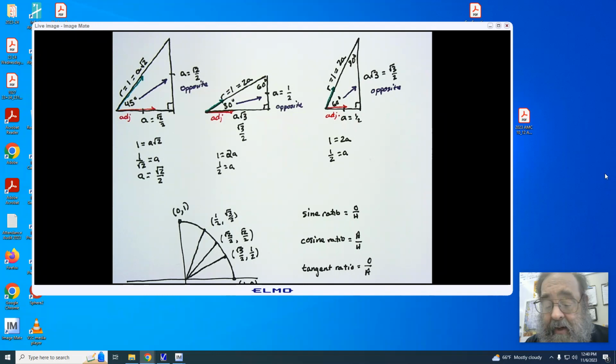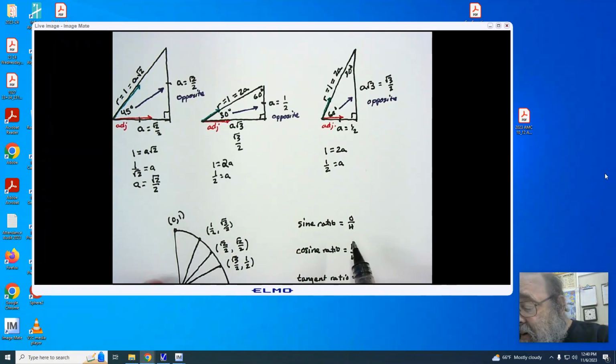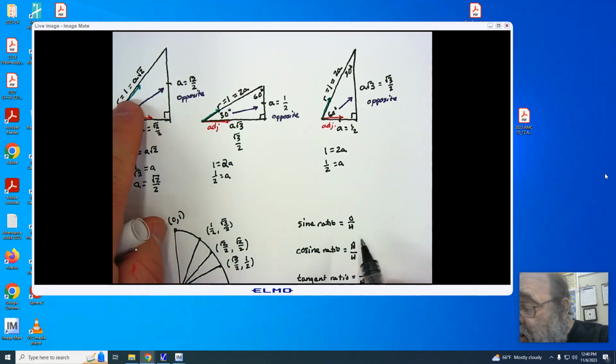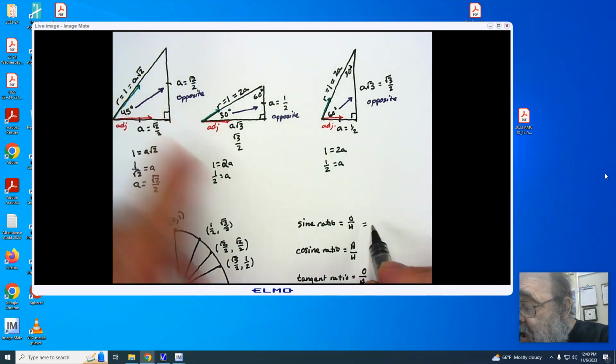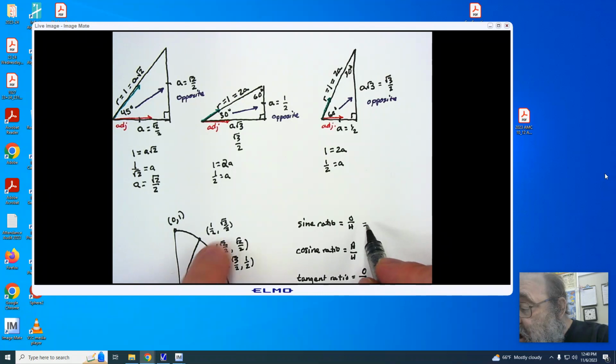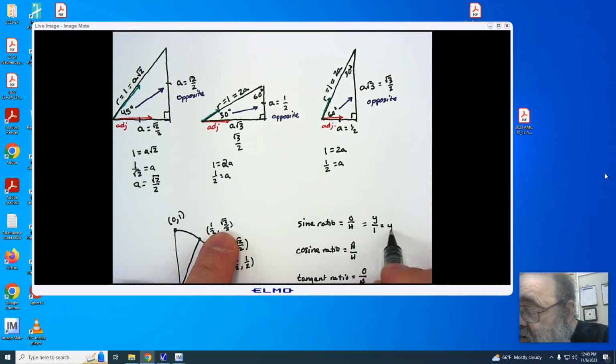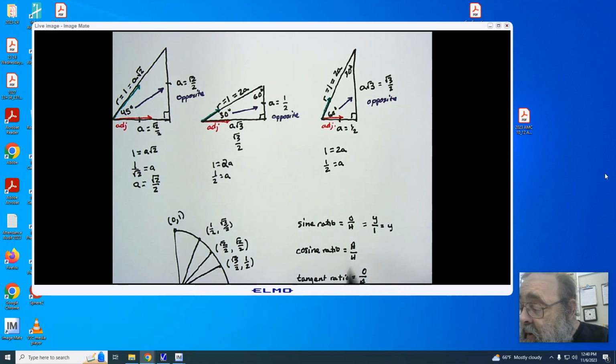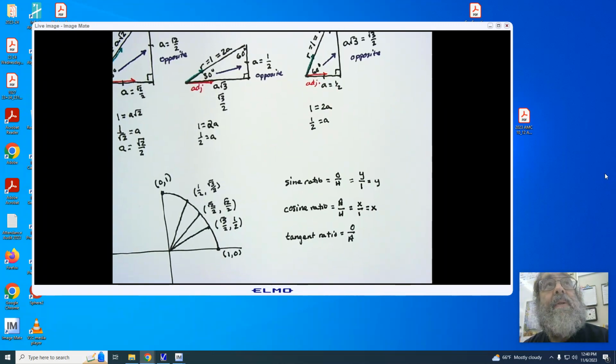Now, because of that, when we're looking at our sine ratio, since my radius is the hypotenuse and it's 1, you'll notice that my sine is merely the y value divided by 1. And that means it's the y value. The cosine, following the same thing, is the x divided by 1, which means that it is x.